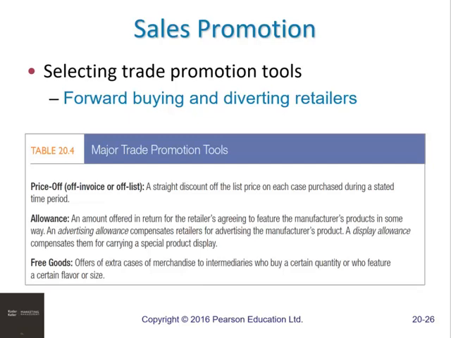Some retailers are diverting, buying more than needed in a region where the manufacturer offers a deal and shipping the surplus to their stores in non-deal regions. Manufacturers handle forward buying and diverting by limiting the amount they will sell at a discount or by producing and delivering less than the full order in an effort to smooth production.